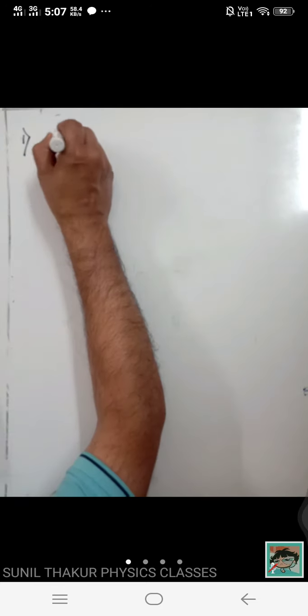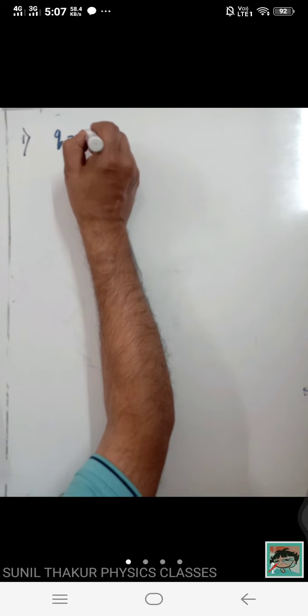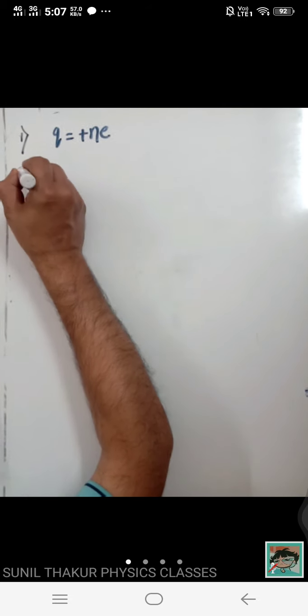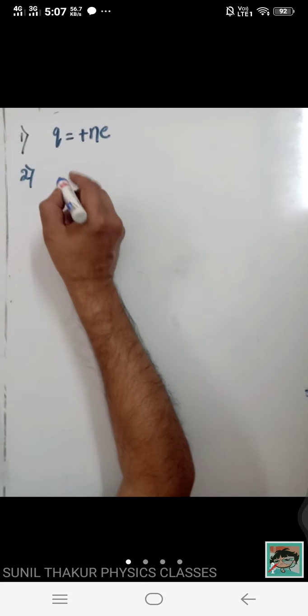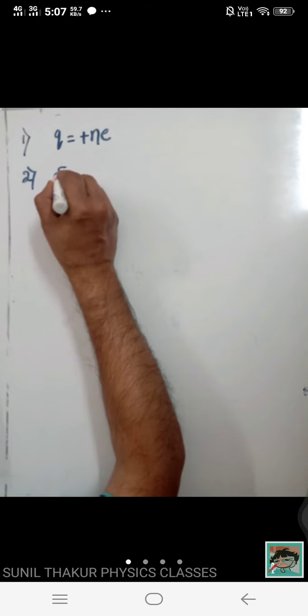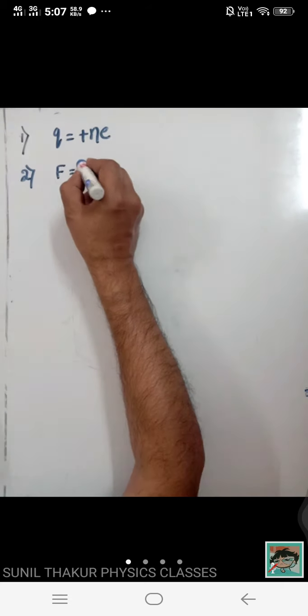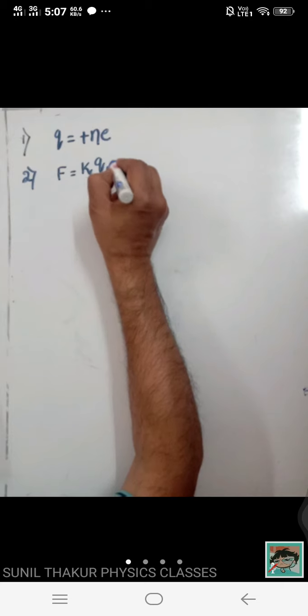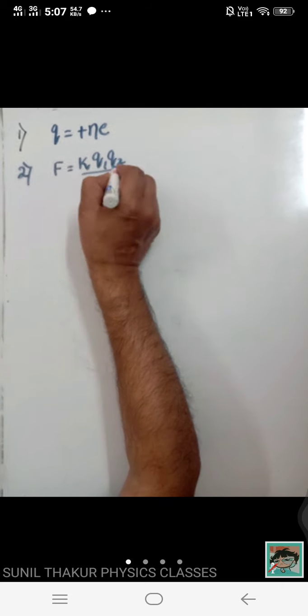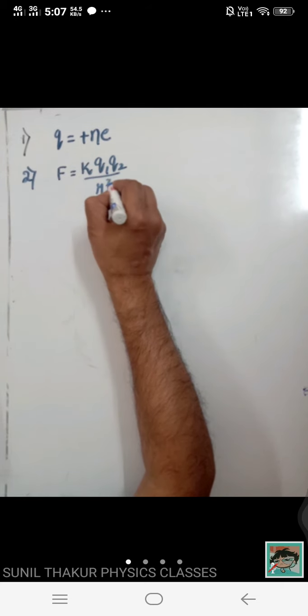The formulas used here. Number 1, the quantization of charge: q equal to plus minus n e. Second, Coulomb's law, that is the force between two charges, which may be attractive or repulsive: F equals k q1 q2 by r square.